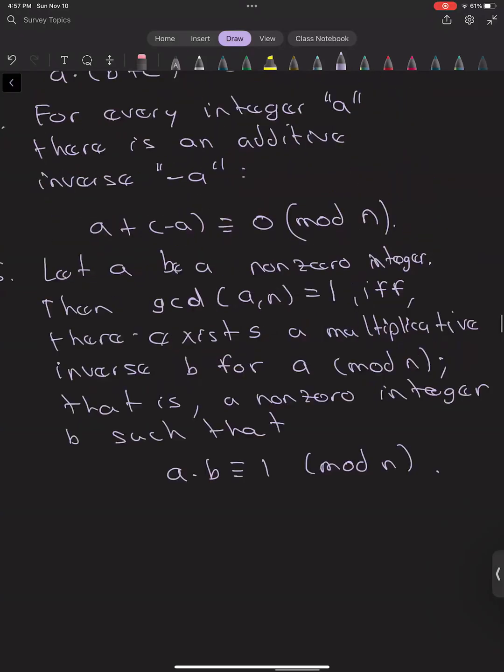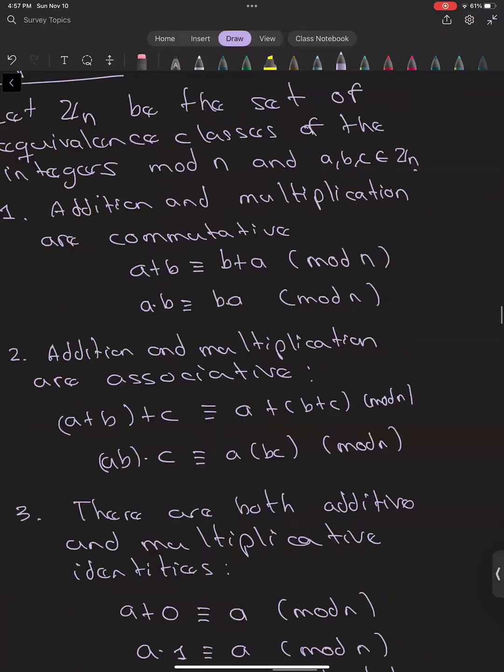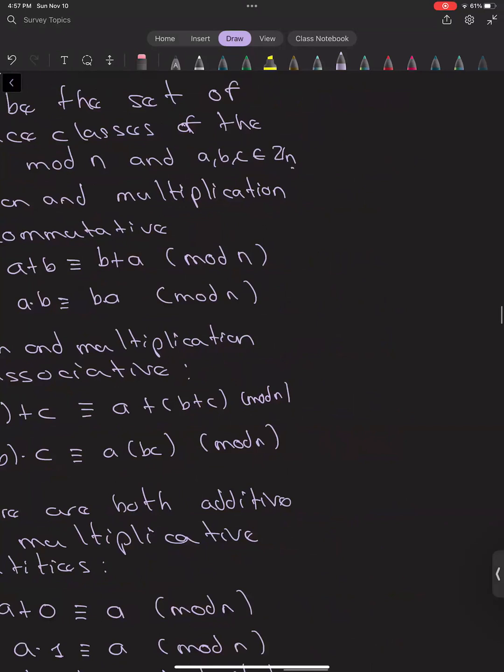Okay, so let's discuss some of this. So what does it mean that a plus b is congruent to b plus a mod n?